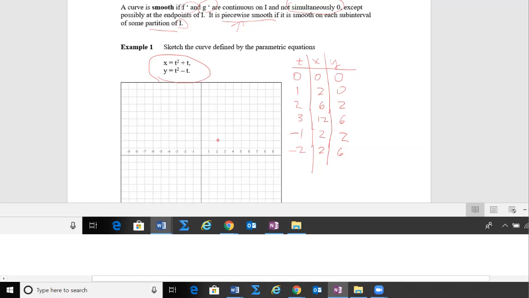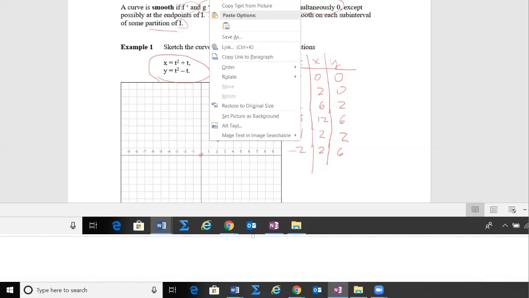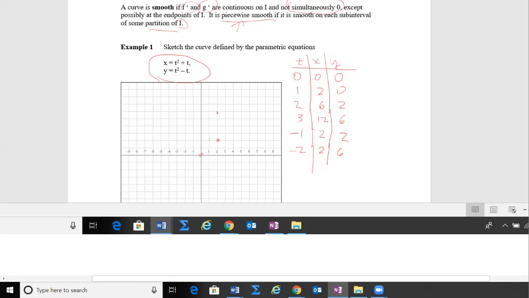For t equals -2, we have 2, 6. So that's over here. And 0 is over here. You know what? Let's go backwards a little bit. I'm messing up some of these.